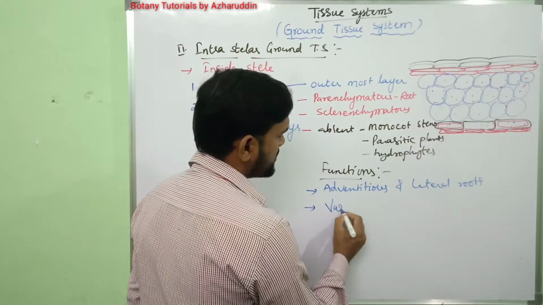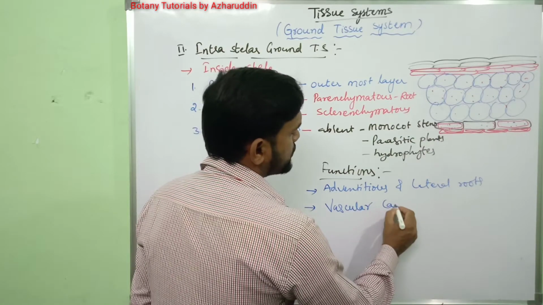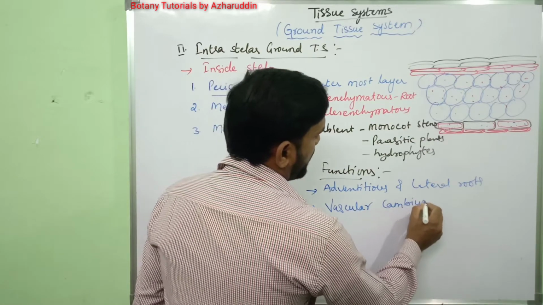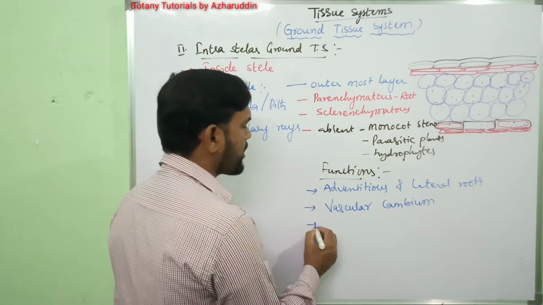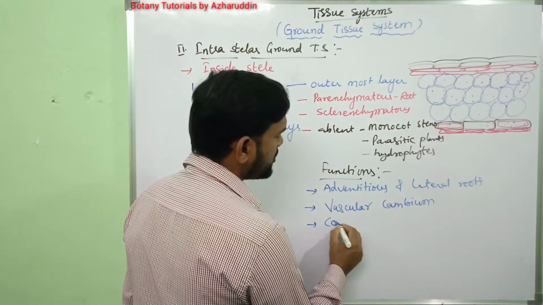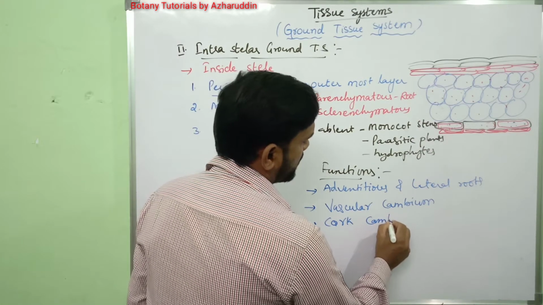In dicots, this pericycle is involved in the formation of vascular cambium. In dicots, it is also useful in the formation of cork cambium.